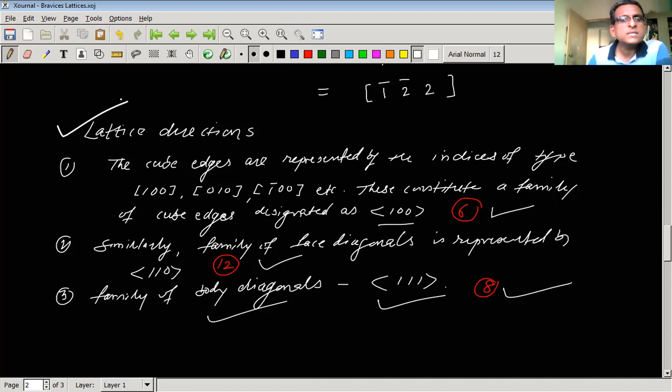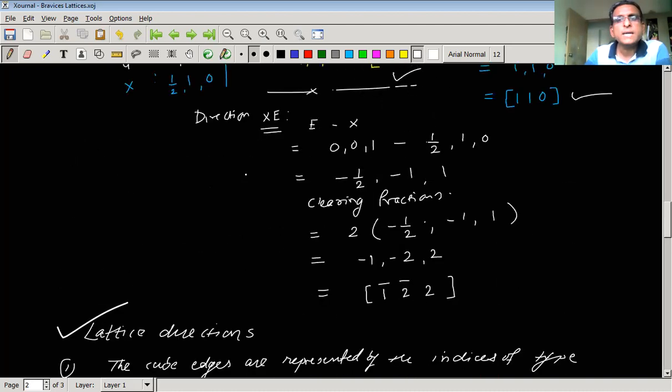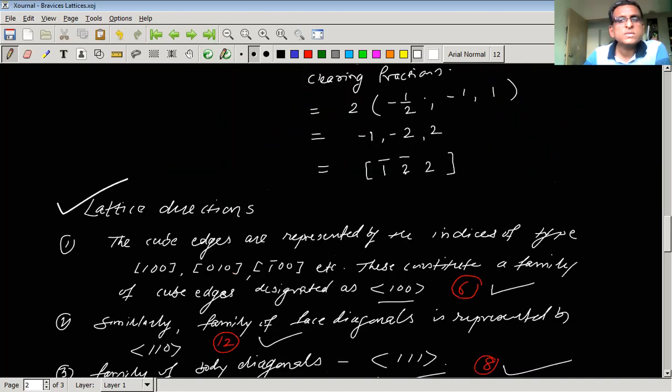So we have also determined the directional indices in the previous video. Just to revise, you may be recalling that if we go for determination of the direction indices of the directions represented by cube edges, then these will come of the type 1 0 0, 0 1 0, 0 0 1, like that. So this we have seen.